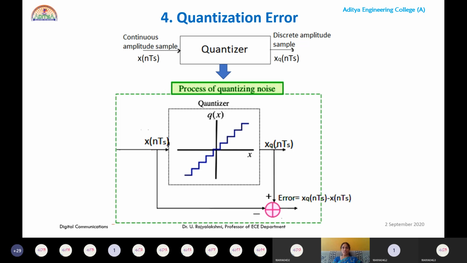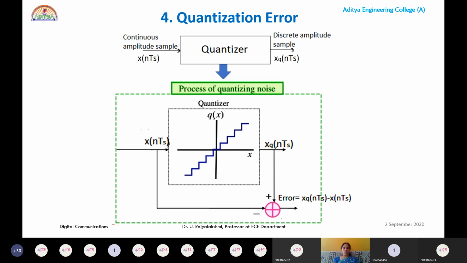In the output expression, it is represented as x suffix q of nTs. The suffix q represents the quantized signal, where we have 2 power n amplitude levels. Please observe the characteristics of the quantizer, x versus the quantized signal, let it be q of x. Here I am representing the output as x suffix q of nTs.